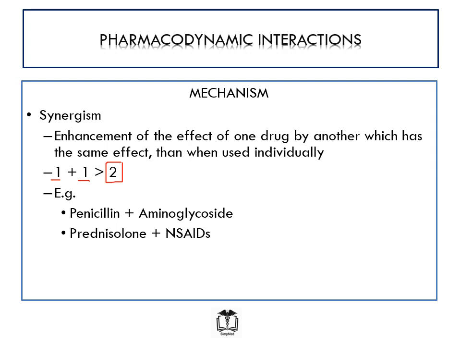Examples of a synergistic pharmacodynamic interaction will be when we combine penicillin with aminoglycosides, or we combine prednisolone with NSAIDs. The type of effect we see is not additive. In this case, it's synergistic because we tend to see a supramaximal effect as a result.